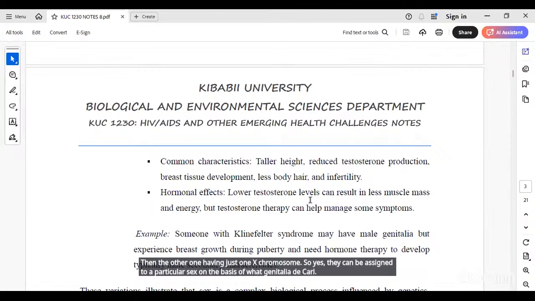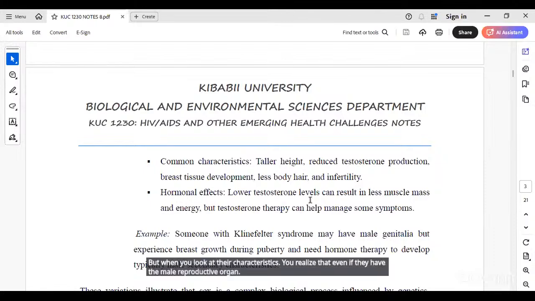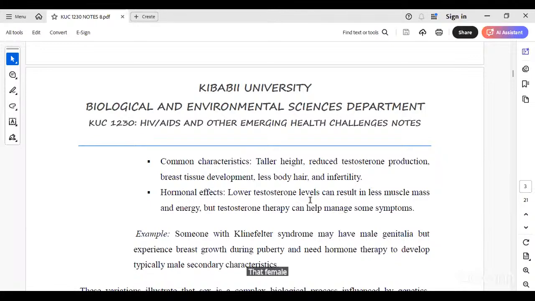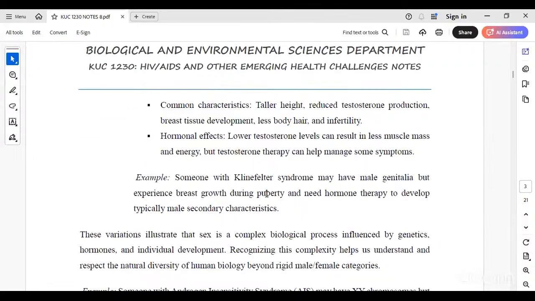But when you look at their characteristics, you realize that even if they have the male reproductive organ, they still have other features that females also have. Why? Because they have chromosomes that lead to the development of these characteristics.